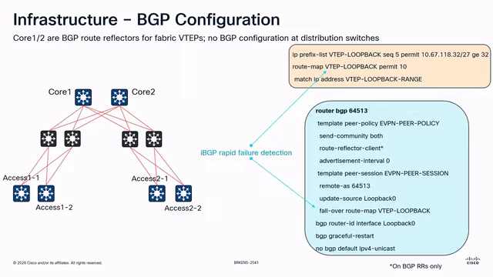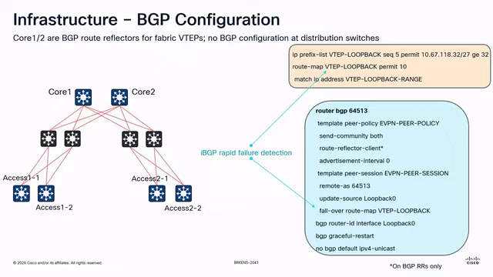With BGP, there is one interesting thing that you need to be aware of. BGP is indirect peering. We're peering from the loopback on access to the loopback on the core. So we have to rely on the BGP timers for failover. BGP timers, 3 minutes.